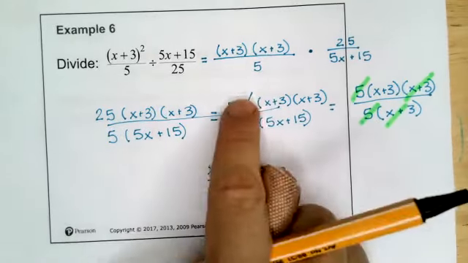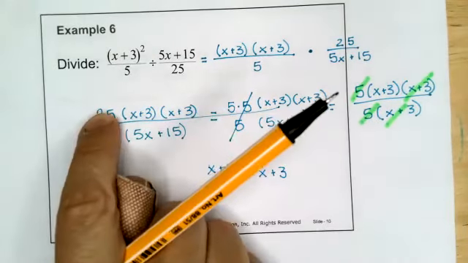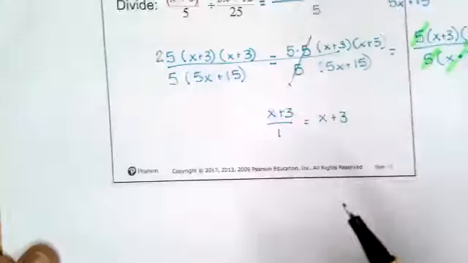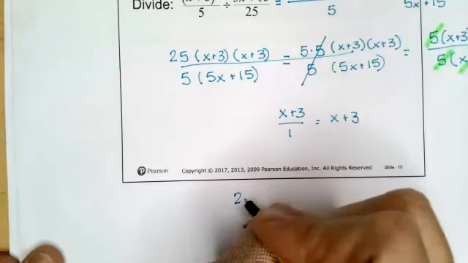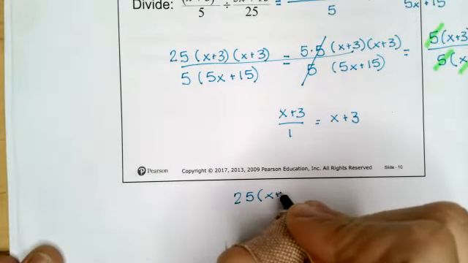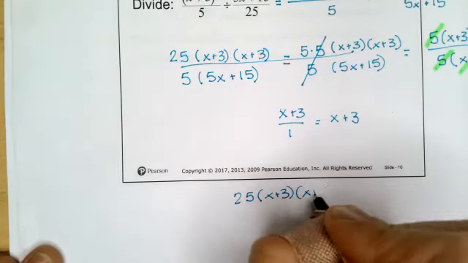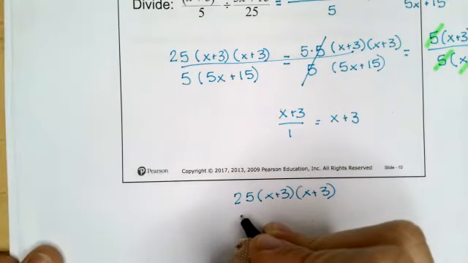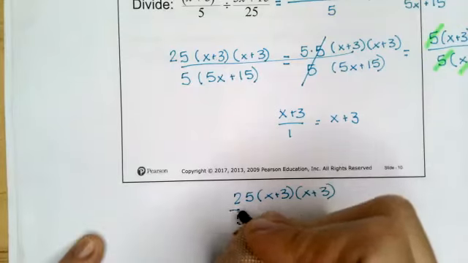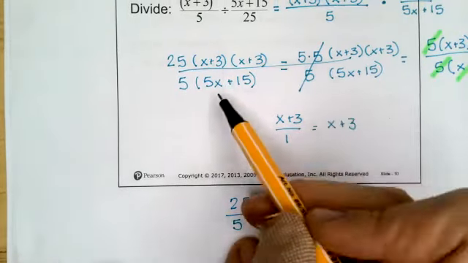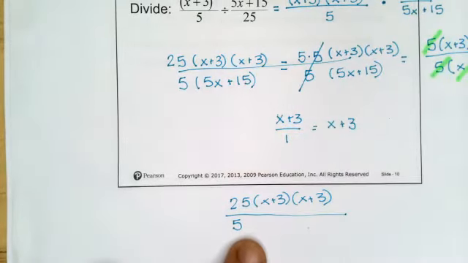It's also okay, before you cancel out, 25 divided by 5 is 5. You can also say it's 25 times x plus 3, divided by 5. So 5x plus 15, I know I can factor out a 5.